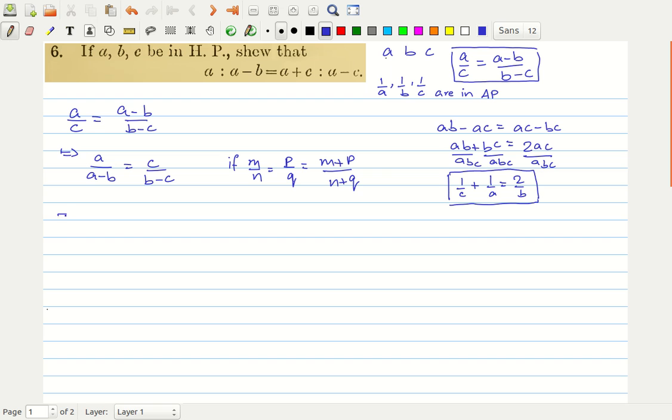You add the numerators and denominators, you get A by A minus B is equal to C by B minus C, which should also be equal to the sum of the numerators, which is A plus C, and the sum of the denominators, which is A minus C. So with this we have proven that A is to A minus B should be equal to A plus C is to A minus C, and we are done.